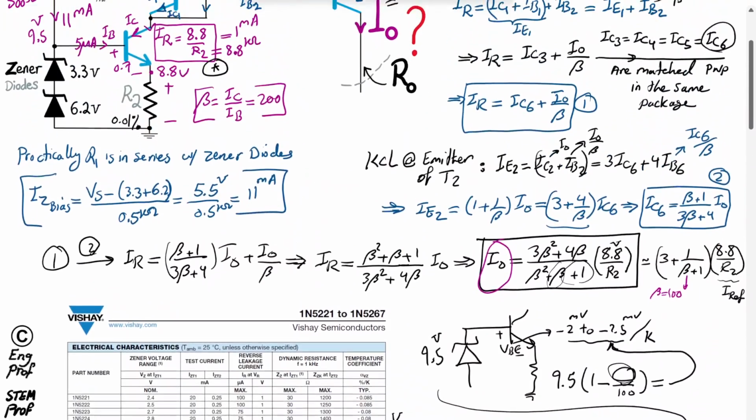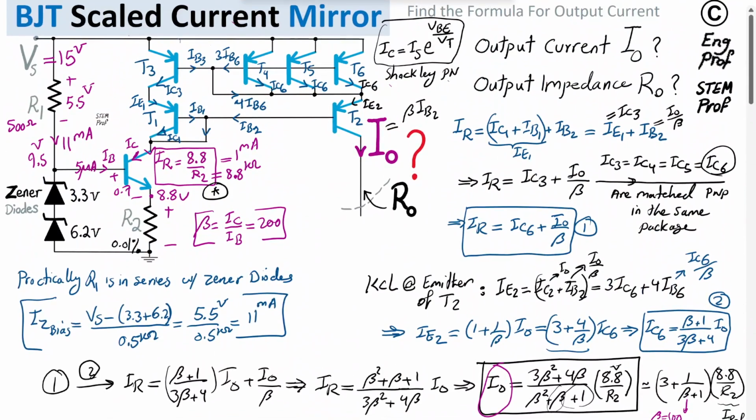Okay, so the last thing to do quickly. I don't want to do a detailed theoretical calculation, but let's say we just want to get a quick grasp of the output impedance, or resistance, of the circuit as seen from the collector of transistor T2.